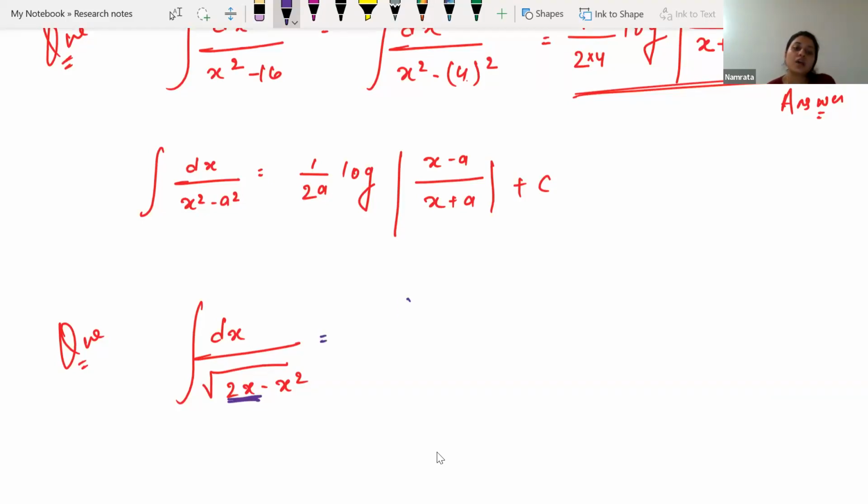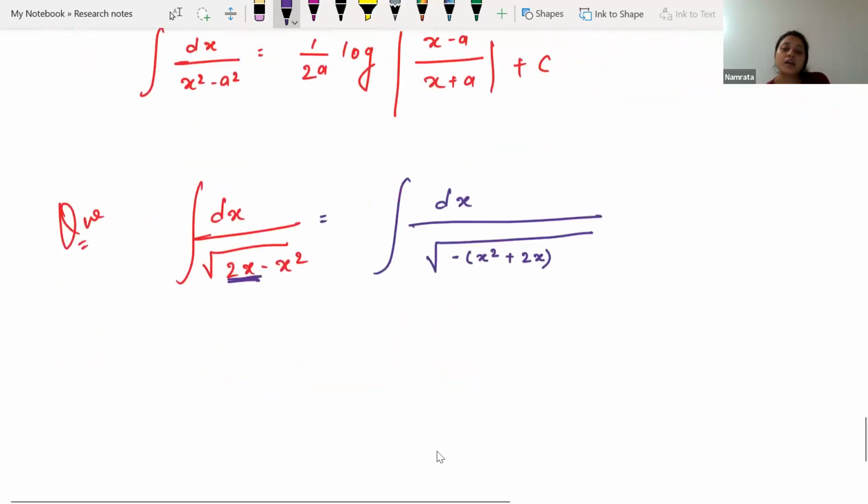Okay, how to make it a perfect square? So we can take minus common out, and we can write it as x square plus 2x for now.